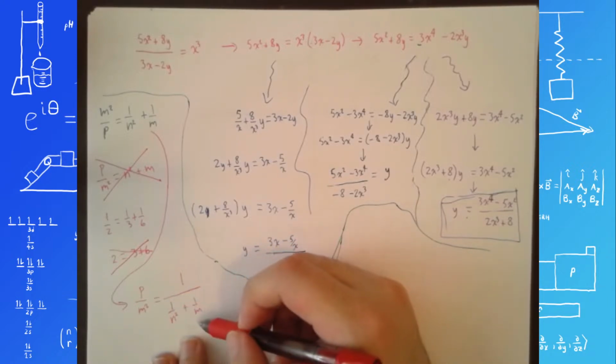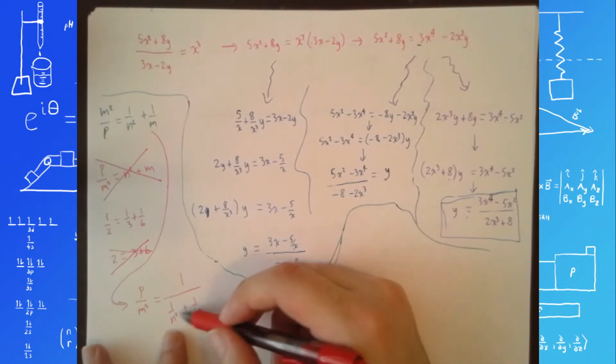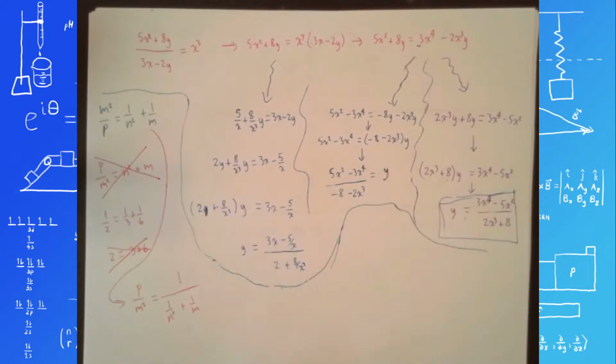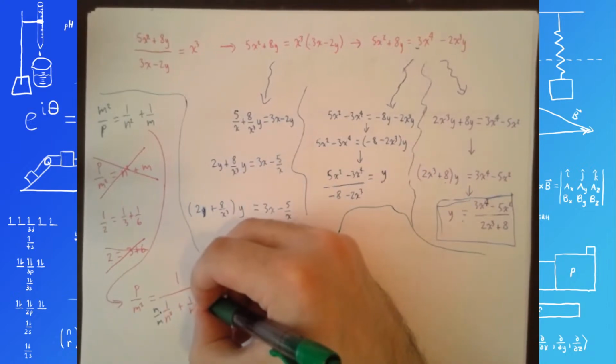But if you do it this way, then you have to find a common denominator between n squared and m. So I would just multiply by m over m here, and multiply by n squared over n squared here.